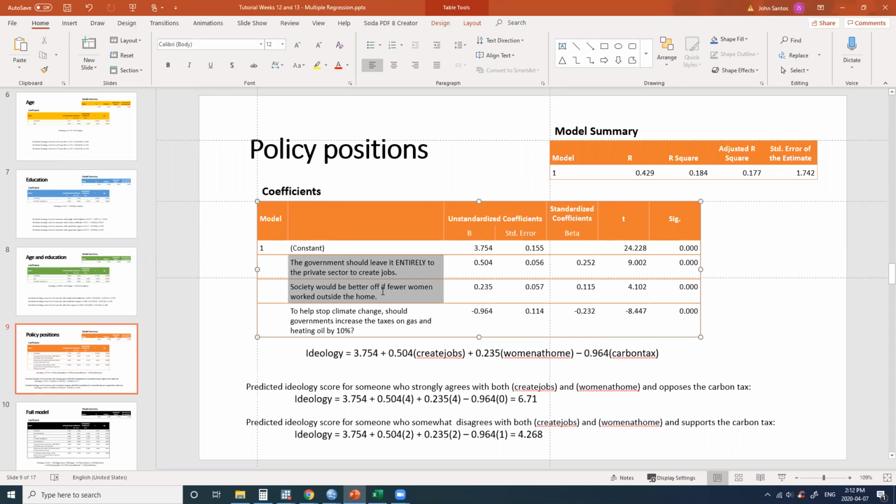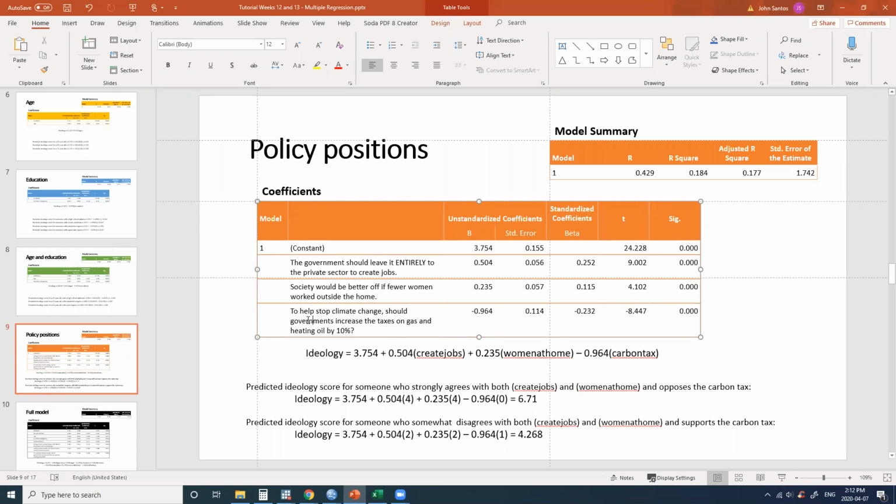Both of these were strongly agree, somewhat agree, somewhat disagree, strongly disagree questions, with strongly agree being 4 and strongly disagree being 1. And so as you move from 1 to 2 to 3 to 4, you get increasing levels of either economically conservative values or socially conservative values.